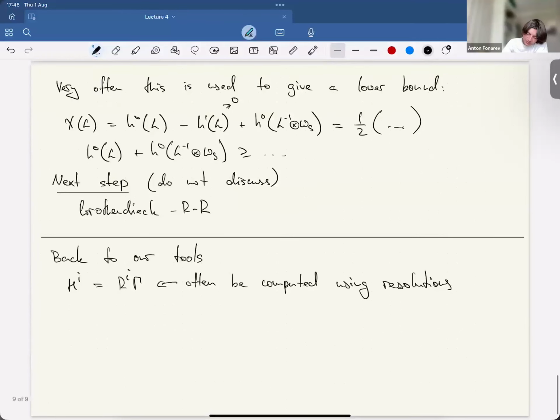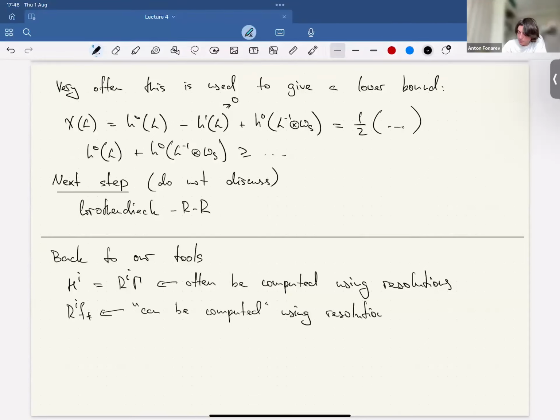Also, what we had is derived push-forward functors, and again, these are defined using, well, I said it can be defined in two ways, but in a way it can be computed using resolutions. There is more to that. There are more operations.